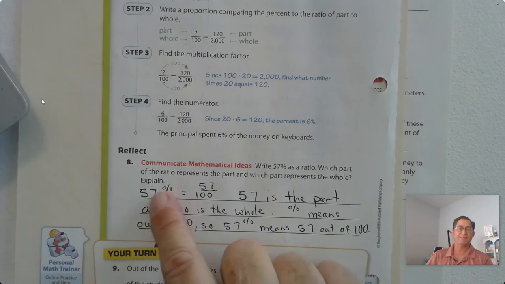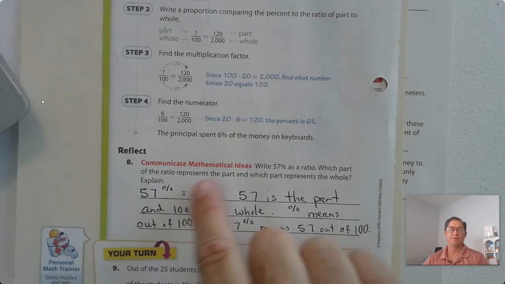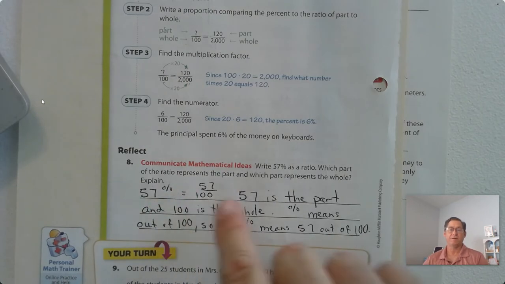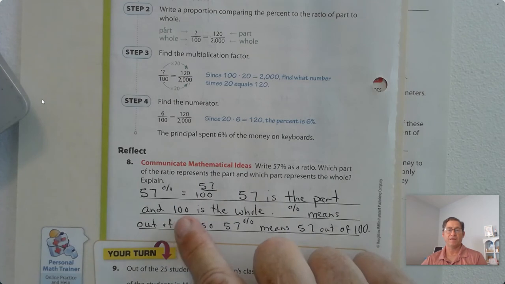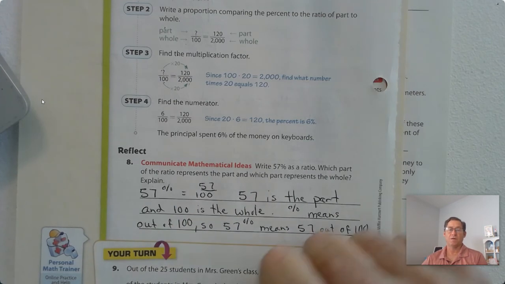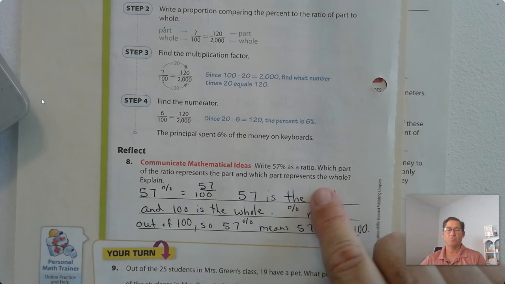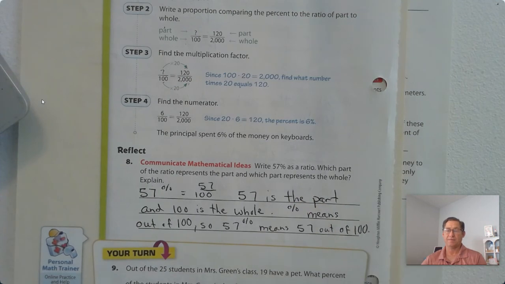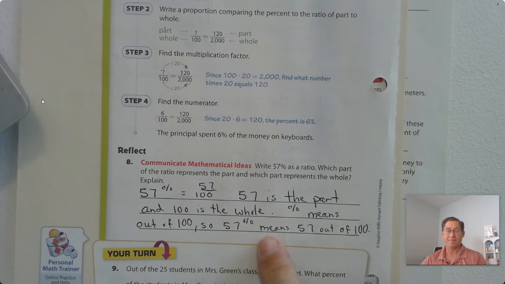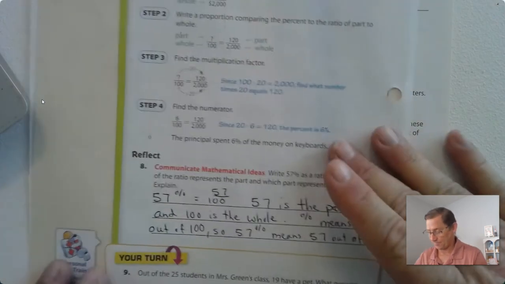So in explaining this, 57%, what does that mean? That means 57 out of 100, where 57 is the part and 100 is the whole. How do we know it's 57 out of 100? Well, because the percent sign means out of 100. So 57% would mean 57 out of 100.